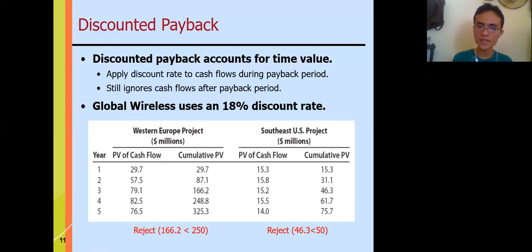So if it is like 18% for year 1, then that's going to be 1 plus 0.18 enclosed in parentheses to the power of negative 1. If it is year 2 or second year, that would be 1 plus 0.18 to the power of negative 2, and so on.